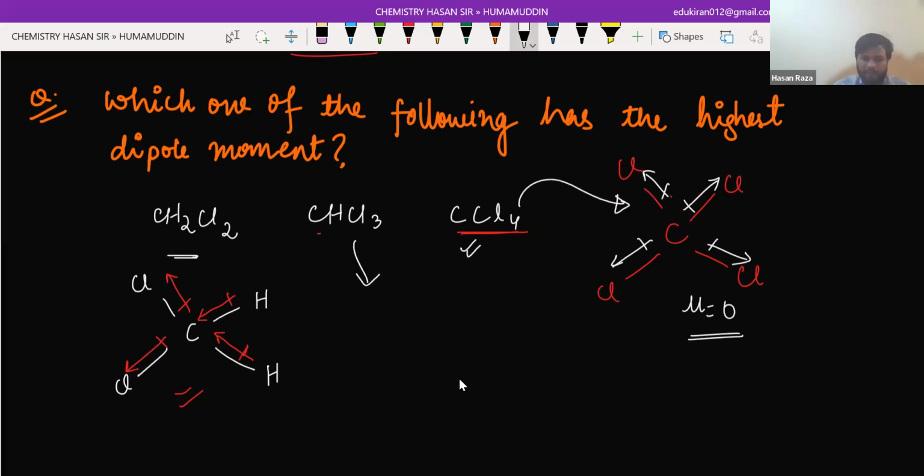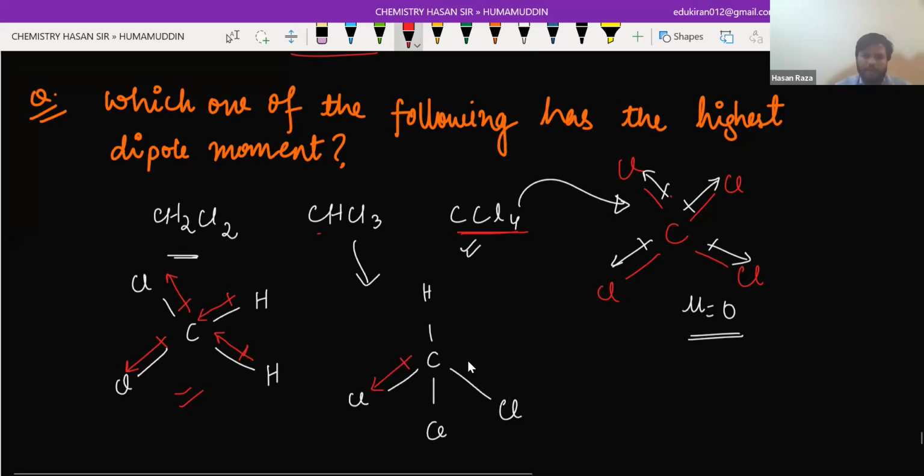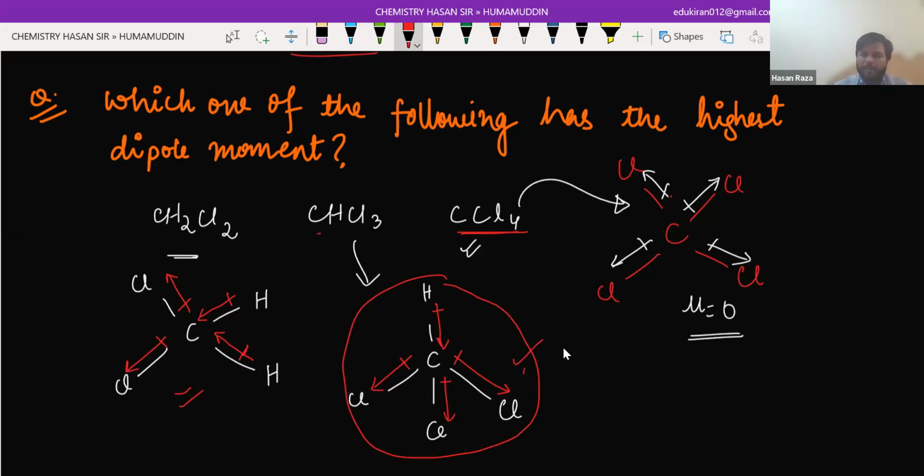If we are going for CHCl3, you can see hydrogen is there, chlorine is there, chlorine is there, chlorine is there. Now chlorine will attract towards itself, and this is also attracted towards itself. So in the same direction, most of the chlorine is going. There is only two chlorine in one case and three chlorine in the other.